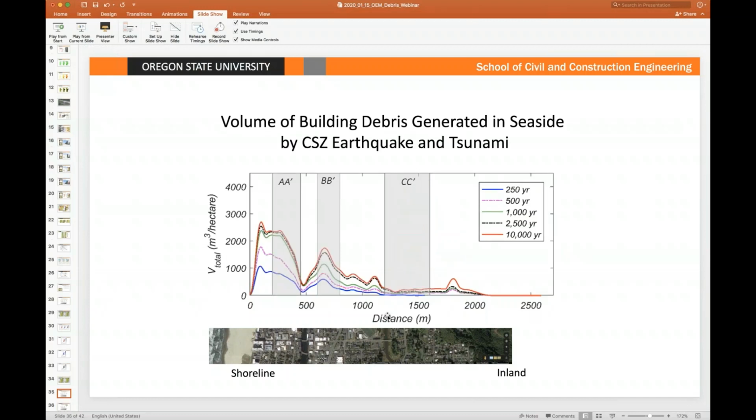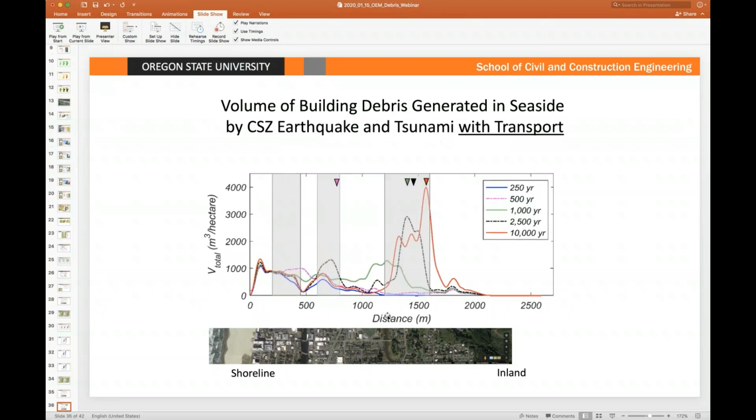I'm going to flip back and forth one more time. So this is the pre-condition, or the simple result that we would get from a model like HAZUS. And then if we can push the debris, this is what it will look like. And these really large events, like for example, the black dotted line is the 2,500-year recurrence interval.